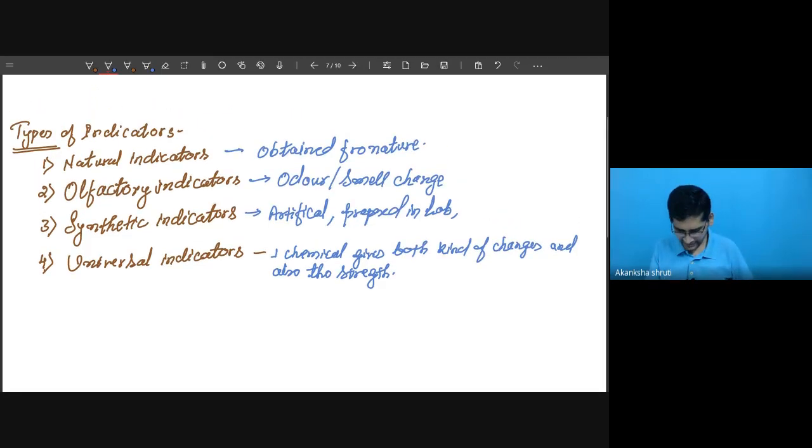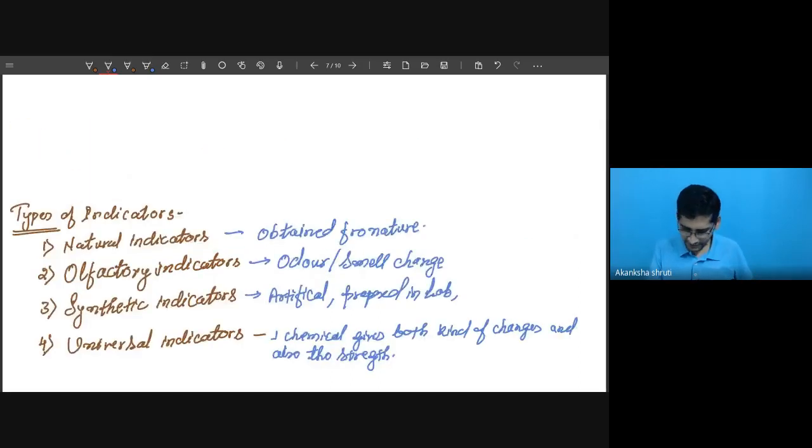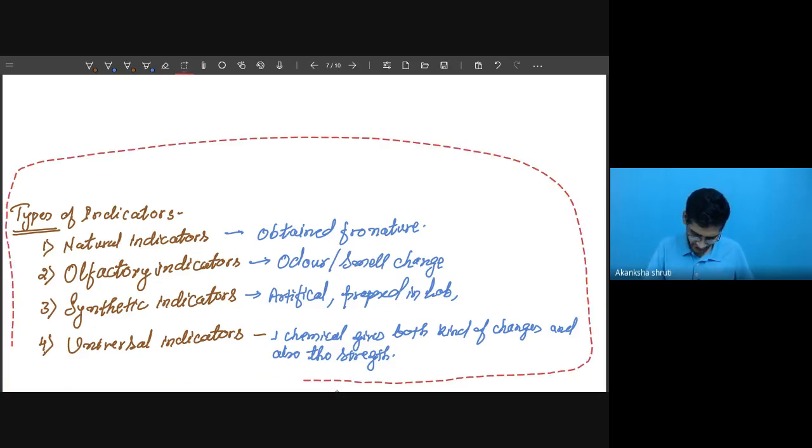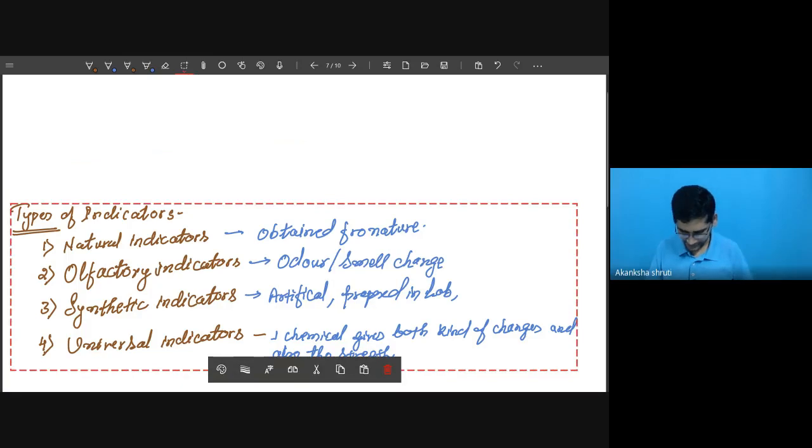Now students, what are the examples? What is the inherent color of these indicators? And what is the new color or new property that is obtained? Those things we have to keep in mind.